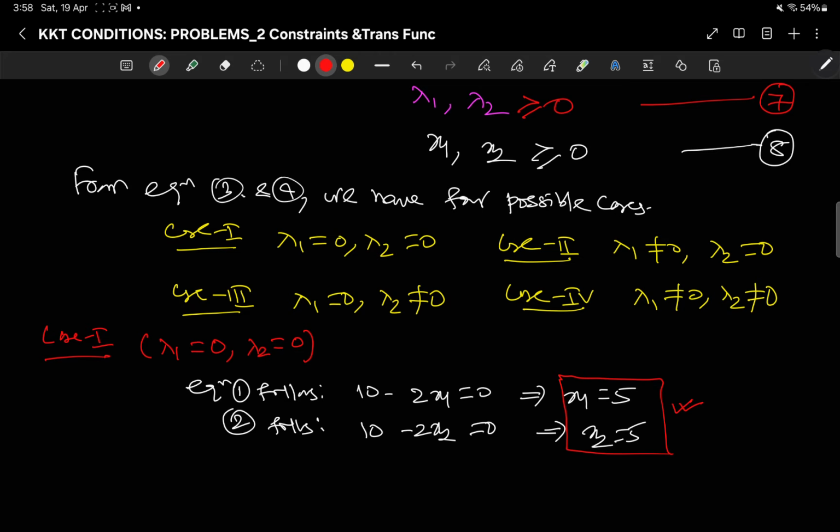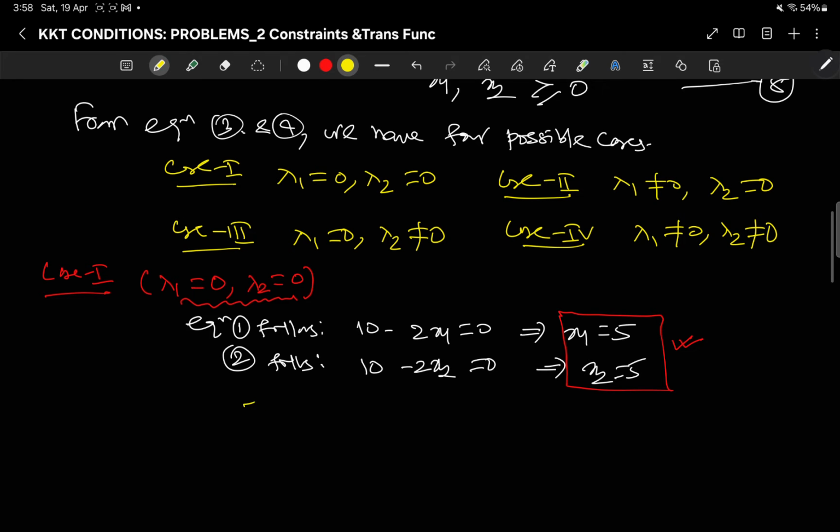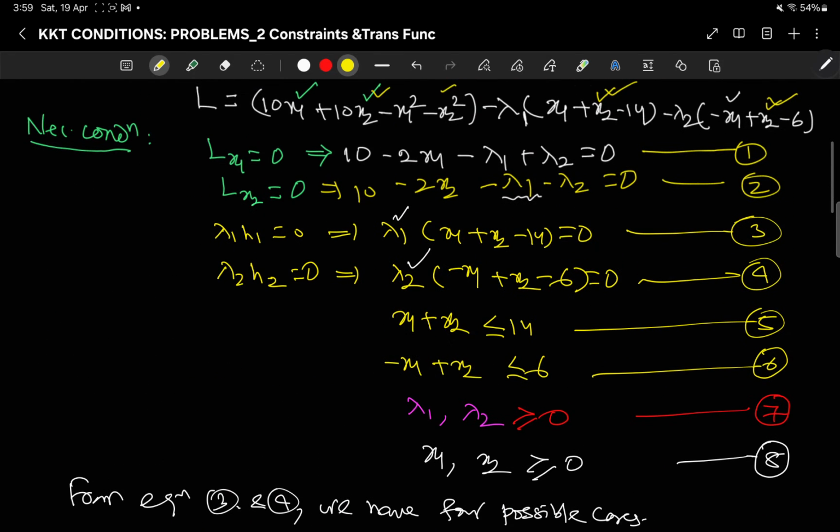So now equations 7 and 8 are satisfied, because lambda 1 and lambda 2 are taken as 0 and x1, x2 are positive. Conditions 1, 2, 3, 4 are satisfied by default, no need to check.